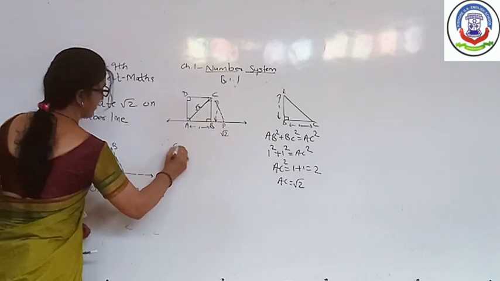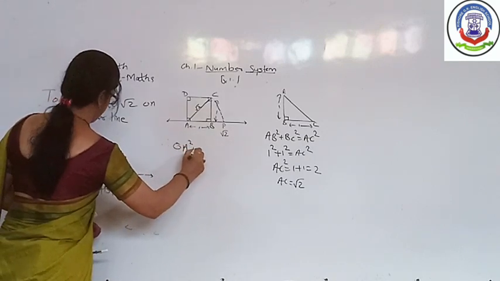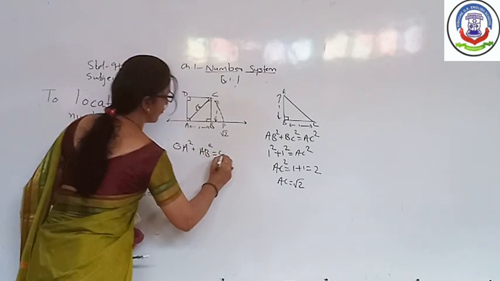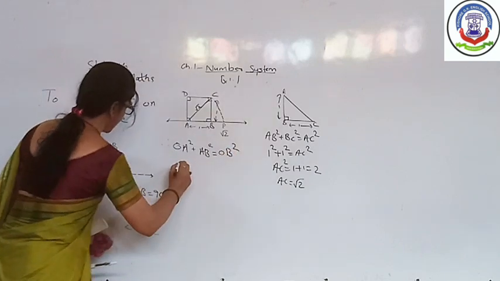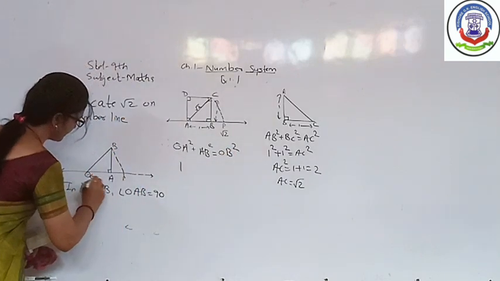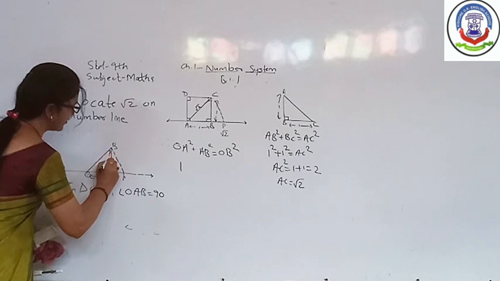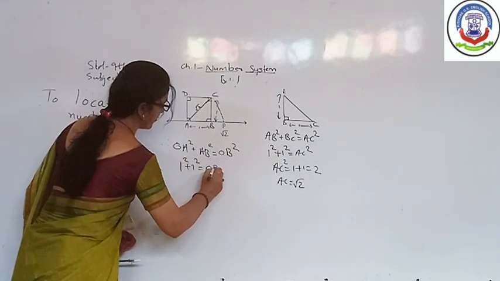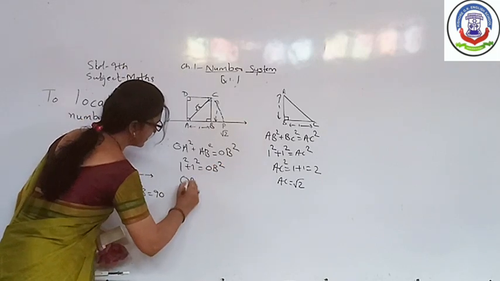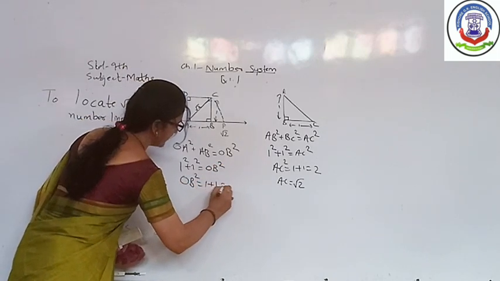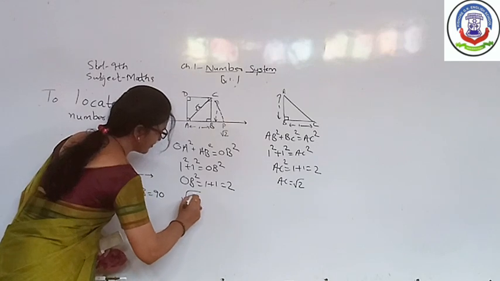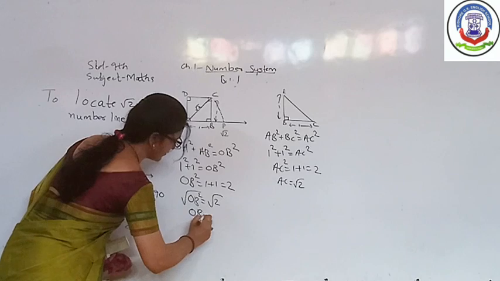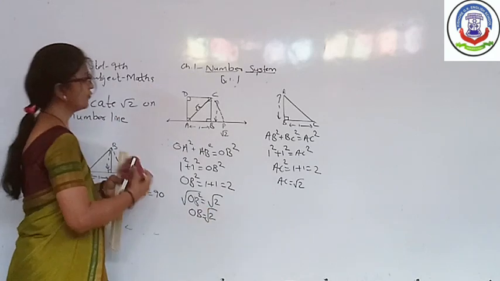Therefore, OA square plus AB square is equal to OB square. 1 square plus 1 square is equal to OB square. Therefore, OB square is equal to 1 plus 1, which is 2. Taking square root both sides, so OB is equal to square root 2.